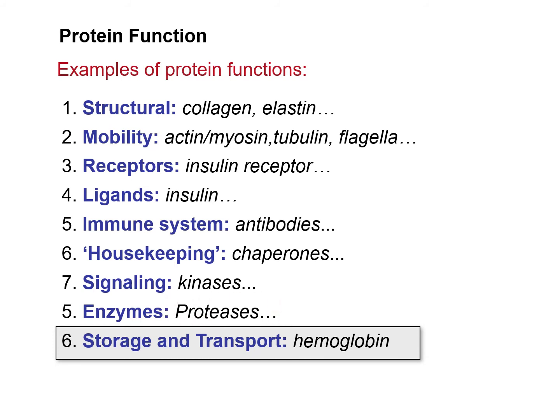And also protein works for the storage and transport, and hemoglobin is a good example for that. So among these different protein biological functions, in this lecture we're going to focus on these storage and transport functions by discussing more about the mechanism of how hemoglobin works.